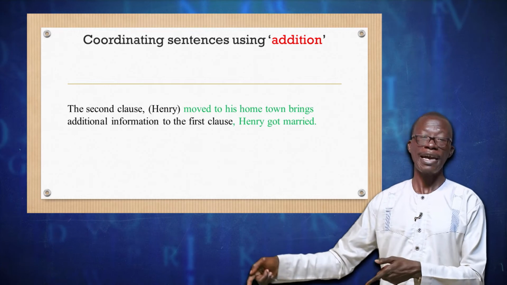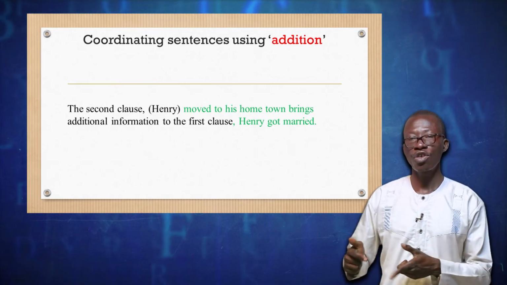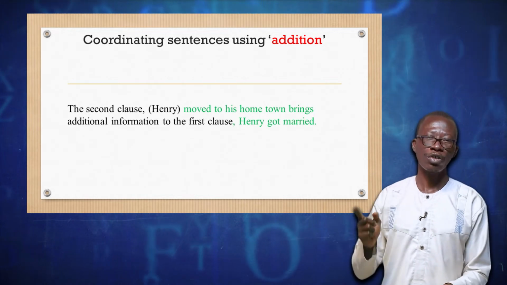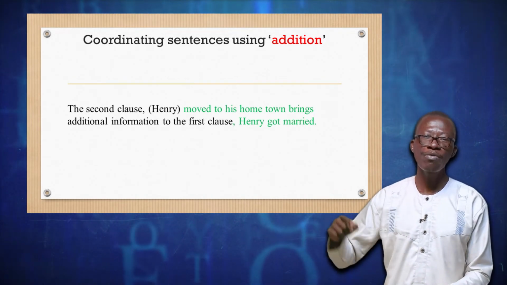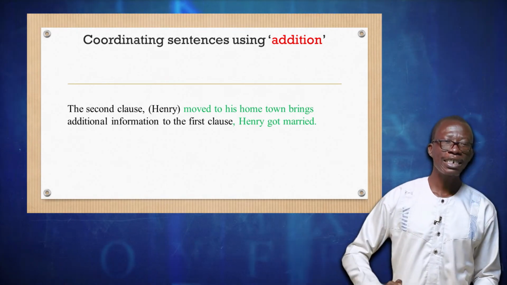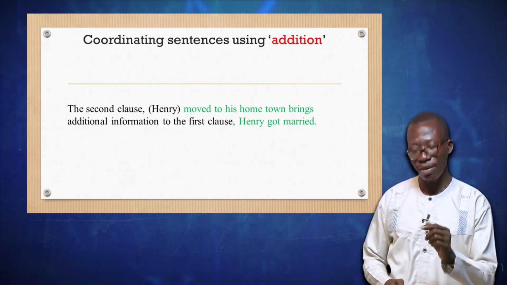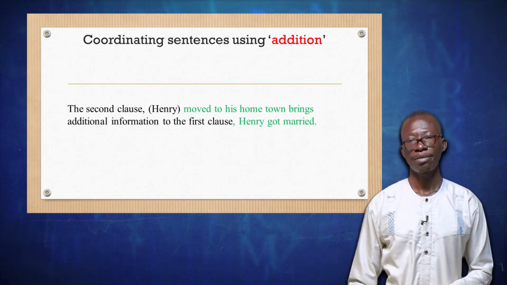Therefore, we had Henry got married and then moved to his hometown. So that second clause, Henry moved to his hometown, that independent clause, is adding information to the first one. Very important information to the first one.